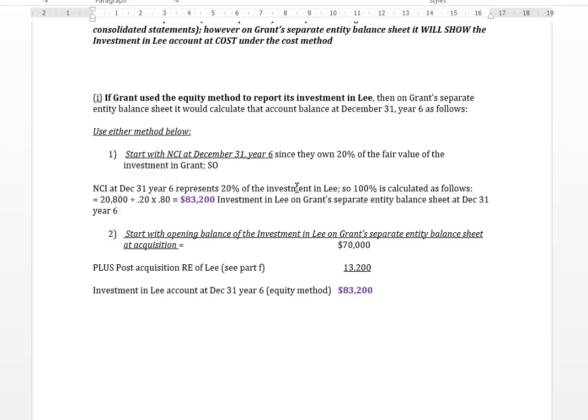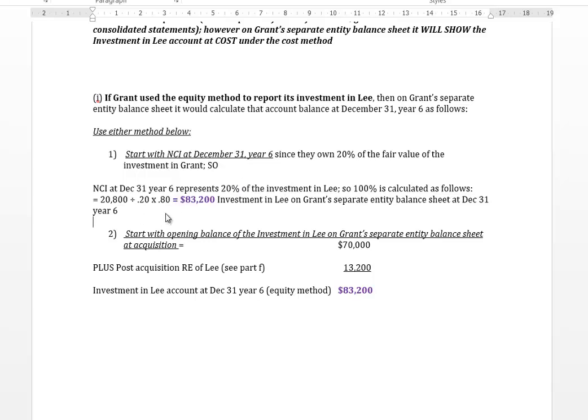So whatever 100% of that fair value of the investment is, NCI is holding 20% of it. So what you can do is take the NCI value and divide it by 20%. That would give you the full 100% of the investment, right?